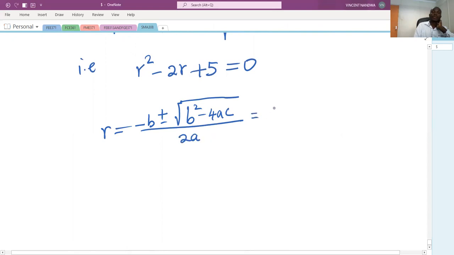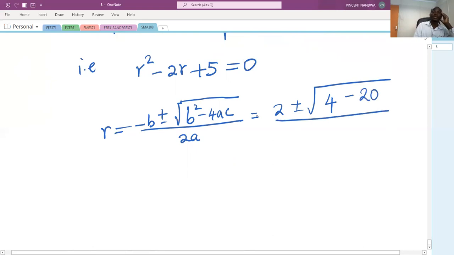So which will be 2, because minus of minus 2 is 2, positive. Minus 2 squared is 4, minus 4 times 1 times 5 is 20. And then 2a, a is 1, so this will be 2. So r will be 2 plus or minus square root of minus 16 divided by 2. Square root of minus 16 is 4i.